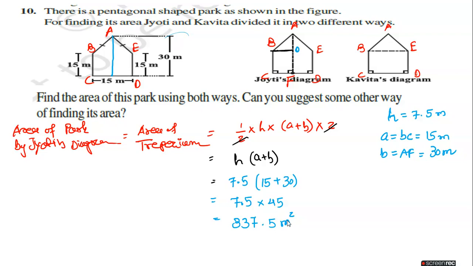Triangle and square. Area of triangle, how you will find? Half into b into h. Okay, I have one more idea.